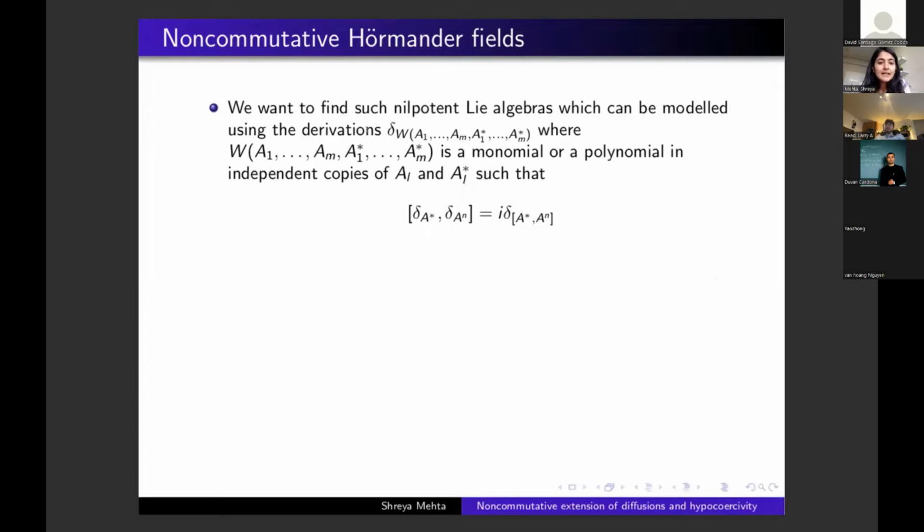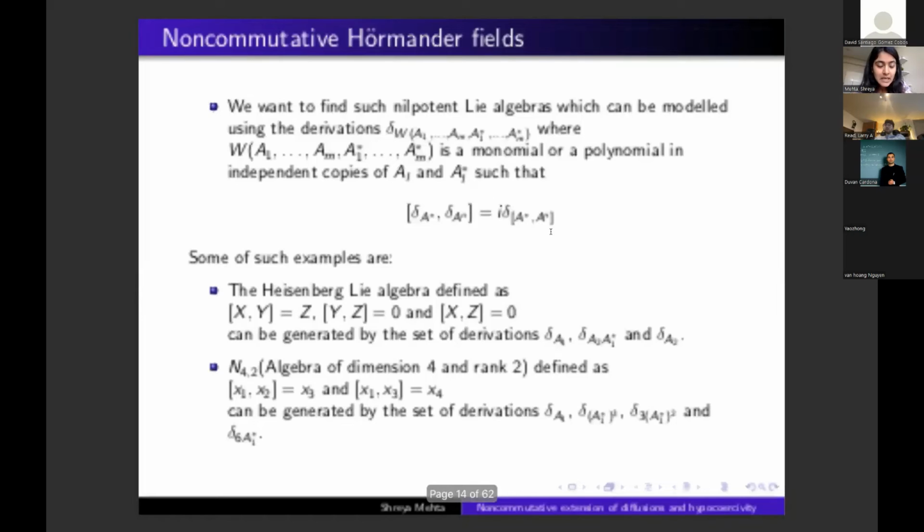That means we want to find nilpotent Lie algebras which can be modeled using derivations delta W, where W is a monomial or polynomial in some copies of the CCRs, such that the commutator of the derivations with respect to these operators is equal to i times the derivation with respect to the commutator of these operators.